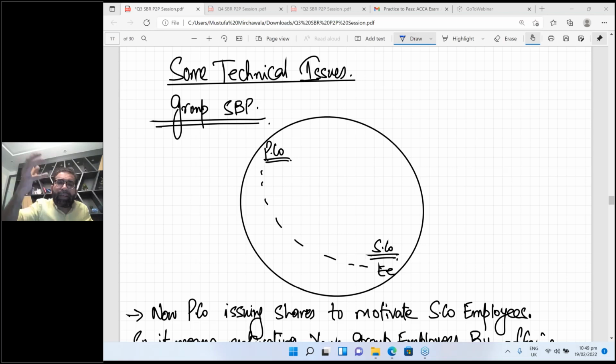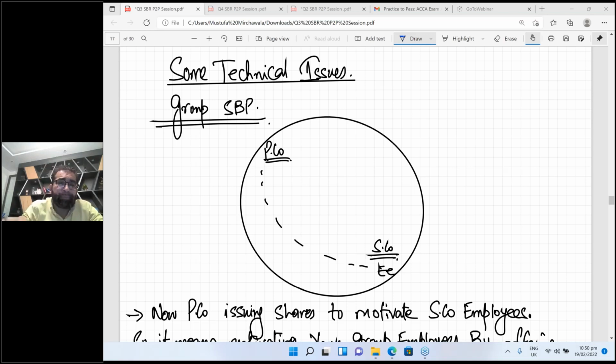For example, we are taking some services or buying goods, and in return we are giving our shares to our employees, or we are buying some goods and paying in the form of shares, or the market price of shares in the form of cash. So these all are in the scope of IFRS 2 share based payment.